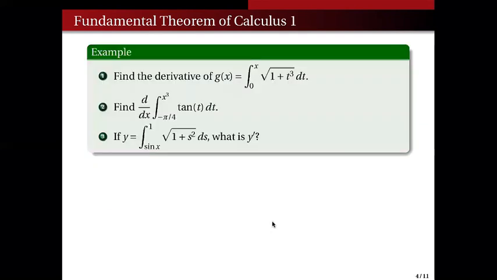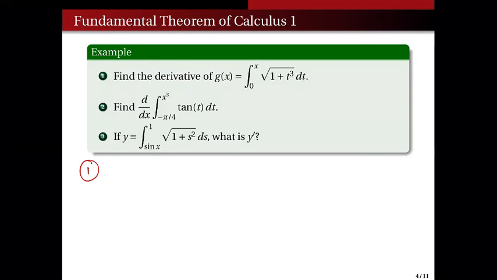Examples. We have the function g here. So let's look at number 1. This is your function g, and we want to get the derivative of g. Your g of x is equal to the integral from 0 to x of the square root of 1 plus t cubed dt.